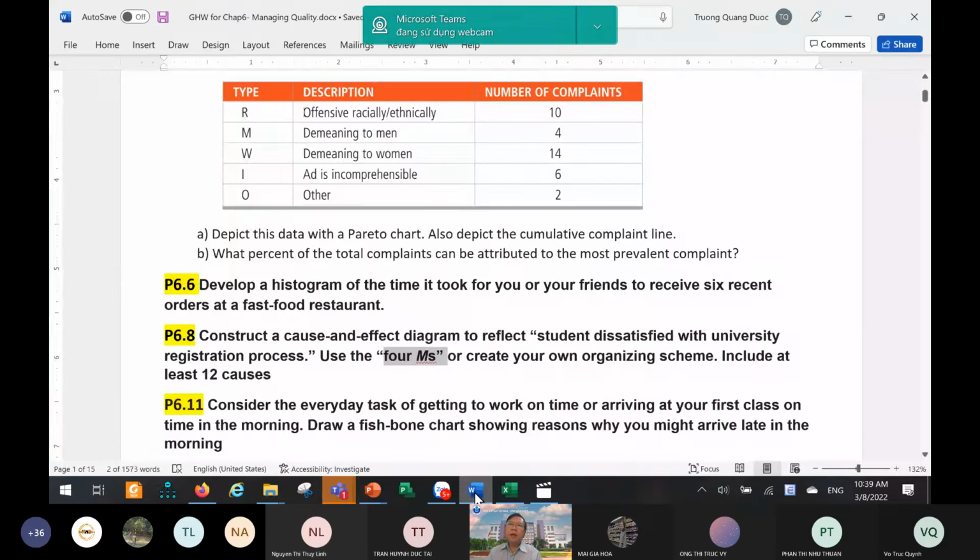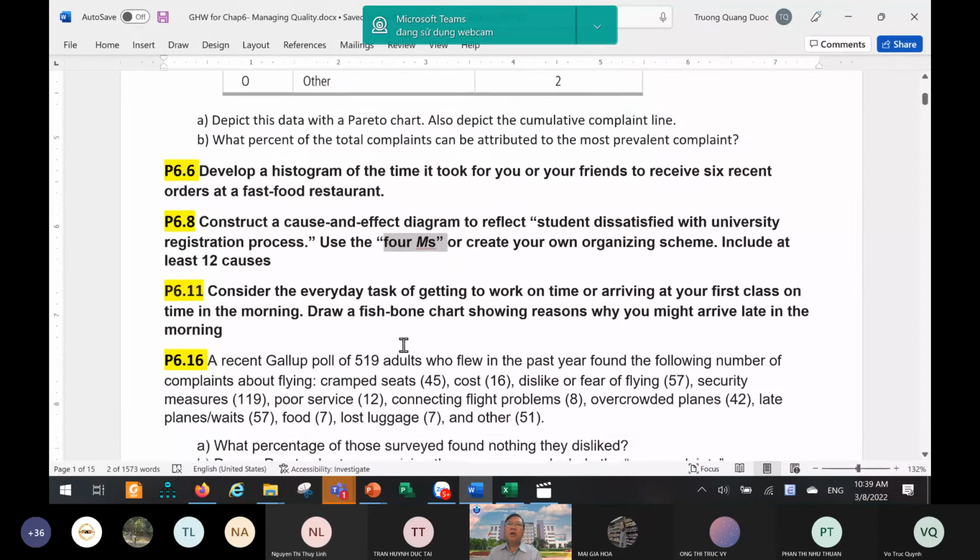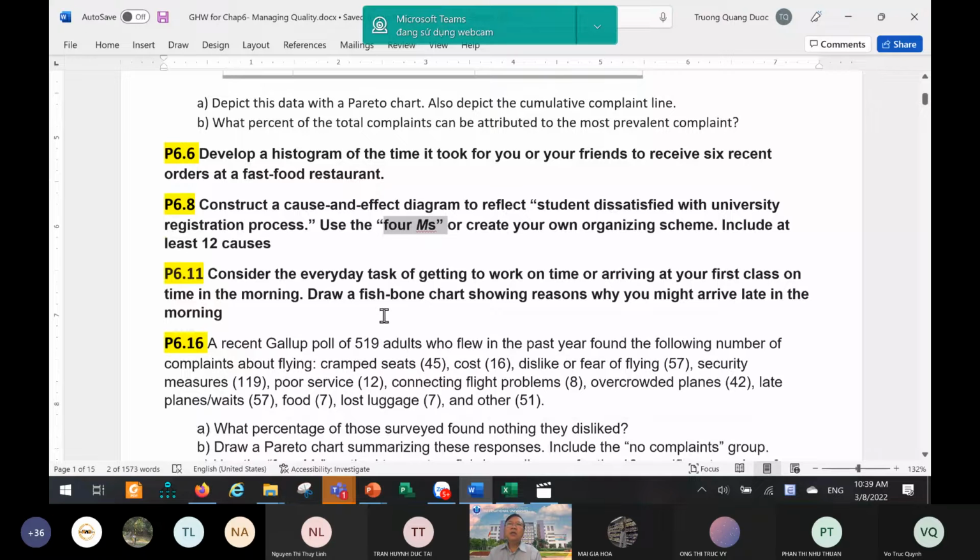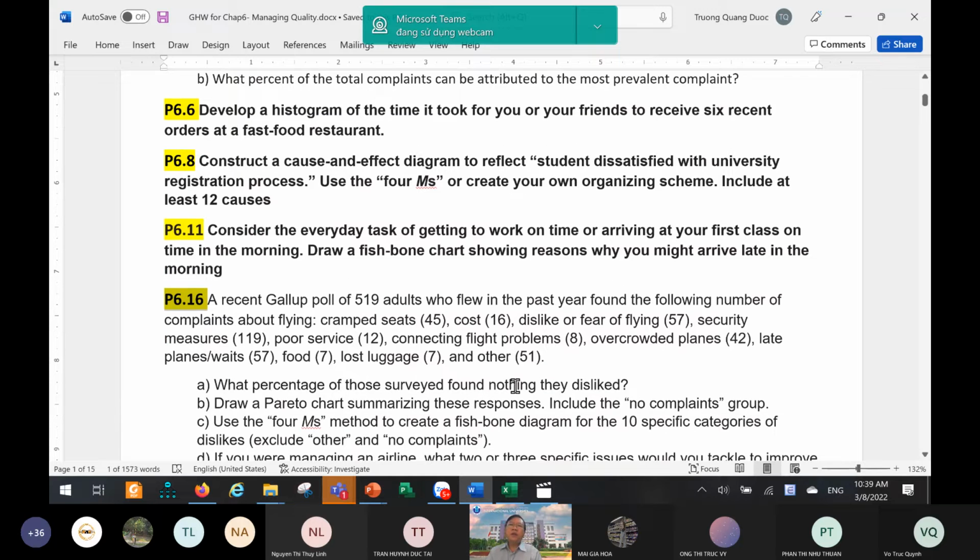Now the last one here, they ask you for the fishbone chart. It is again 4M. What is each M? Machinery, method. You have to identify them. Six-one six has some figure.